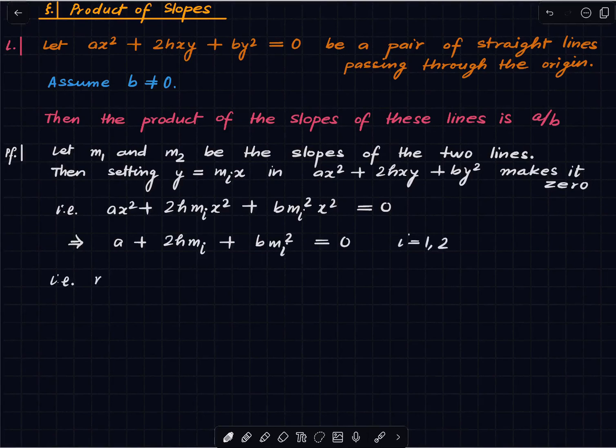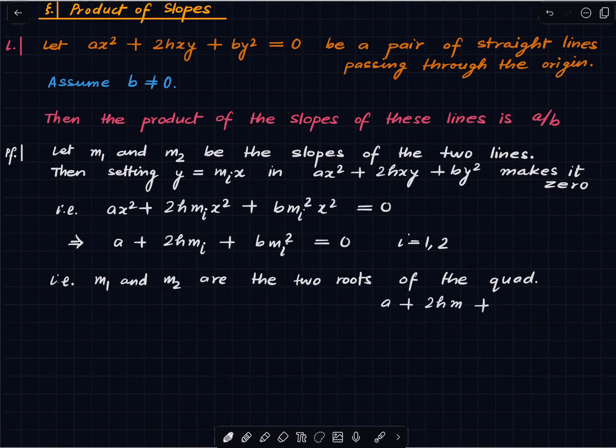So that is m1 and m2 are the 2 roots, possibly repeated, of the quadratic a plus 2h m plus bm square equals 0.